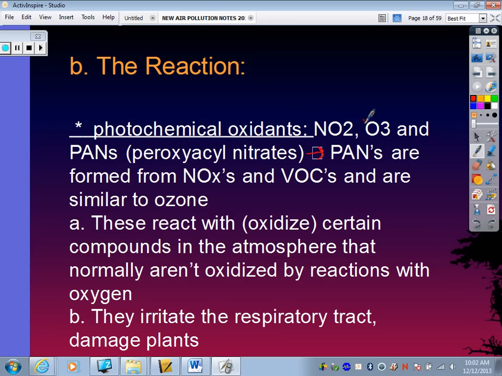So NO2s, ozones, these PANs, these VOCs, they're all being formed in these sunny afternoon, highly congested traffic situations, and that's where you get those smoggy cities. The effects of these: they can irritate respiratory tracts, they can damage plants, and of course they cause that unsightly haze and smog.